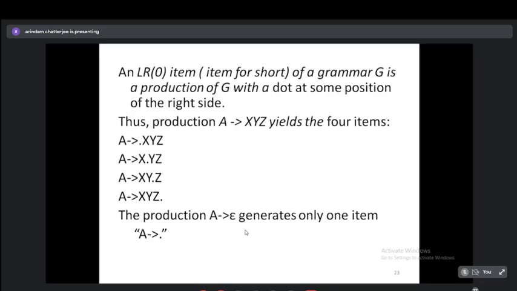So if you have a rule A producing XYZ, then the items could be A producing dot XYZ, or A producing X dot YZ, or A producing XY dot Z, or A producing XYZ dot. So dot, as you can understand, is basically to indicate the positional aspect we have understood in handle. So basically you can understand these items are going to represent some kind of handles. If you have A producing epsilon, then A producing dot is the only item. Please note this.